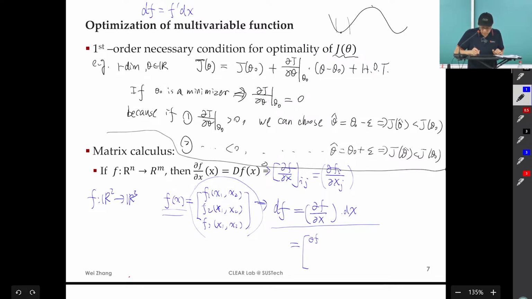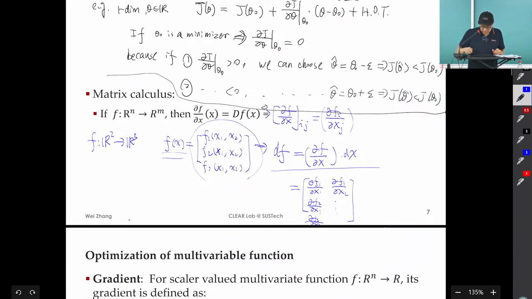This is what? Partial f1, partial x1, partial f1, partial x2. This is three rows, right? Partial f2, partial x1, partial f3, partial x1. I think you know what I mean, hopefully. So it's a 3x2 matrix times dx.